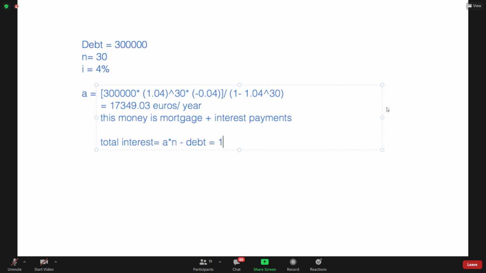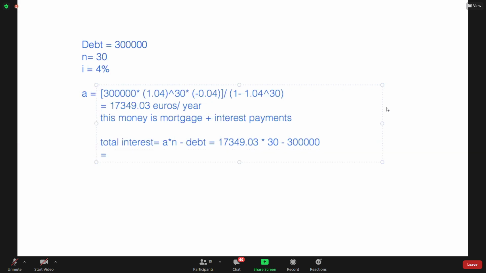What do I obtain? 17,349 euros, multiplied by 30 years, from which I subtract the amount of money that I owe the bank initially.